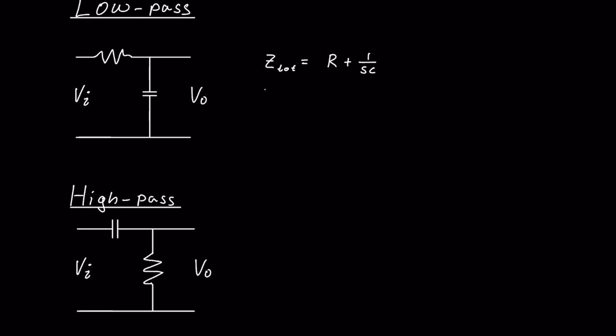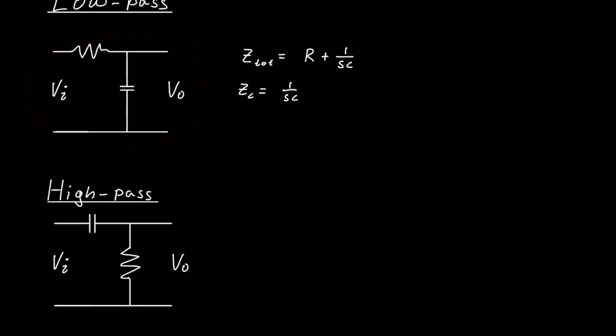And the impedance of the output, which is this one, is 1 over SC, right? So this circuit is just a voltage divider, which means that we can write V out is equal to Z over the total impedance multiplied by Vi, right?